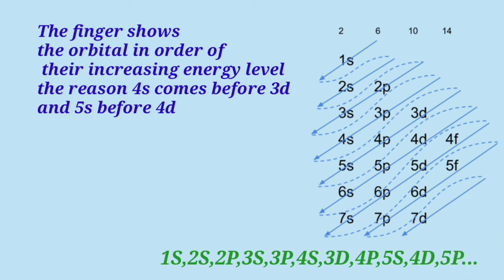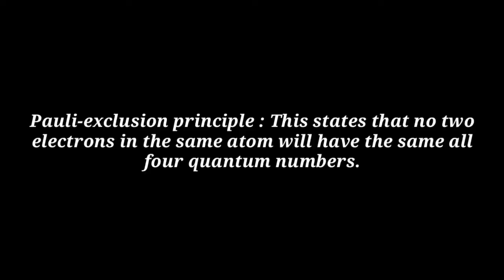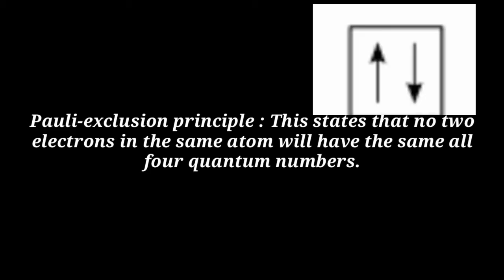Let's go for Pauli exclusion principle. This states that no 2 electrons in an atom can have the same set of all 4 quantum numbers. This statement means the maximum electron an orbital can accommodate is 2, and the 2 electrons in the same orbital must have opposite spins.